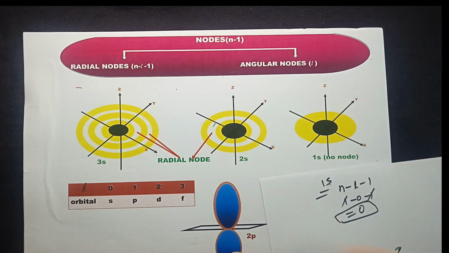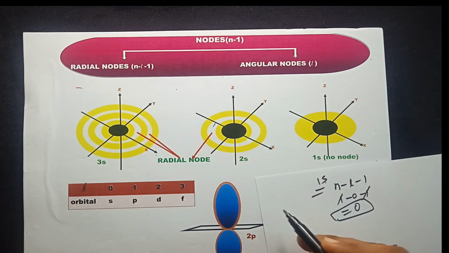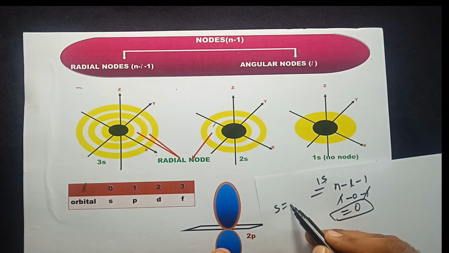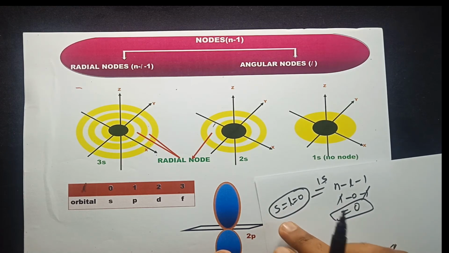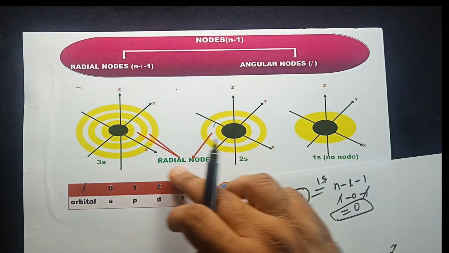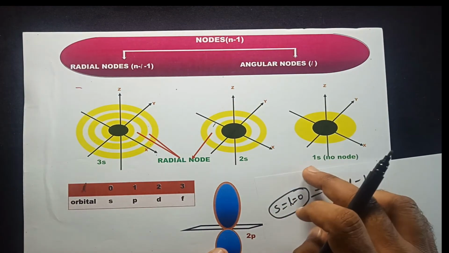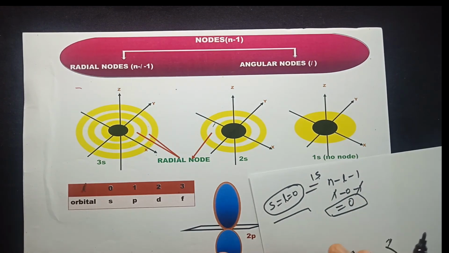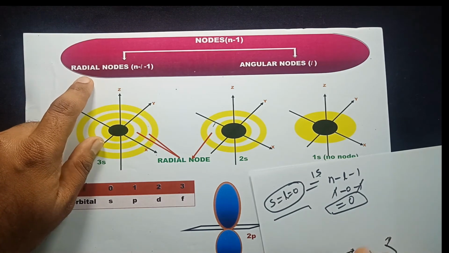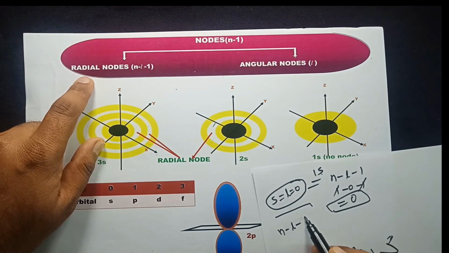So next, moving on to the 2s orbital. For the 2s orbital, L is 0, so the angular node is 0. Just keep in mind friends, the angular node for any s orbital, whether 1s, 2s, 3s or 4s, is 0. Is it clear? Now the radial nodes, that is n minus L minus 1.